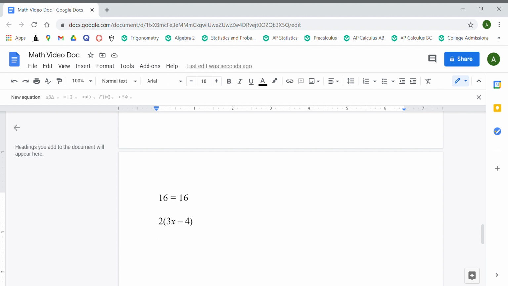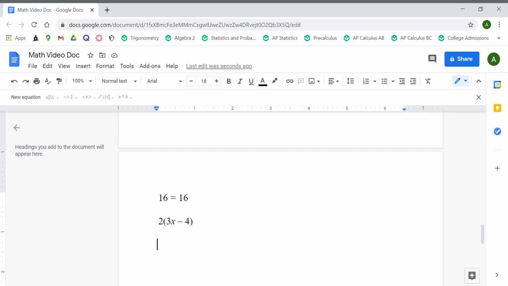So what you gotta do is imagine that this parentheses is your x, and this is your coefficient right here, 2. So it has to multiply everything over here.